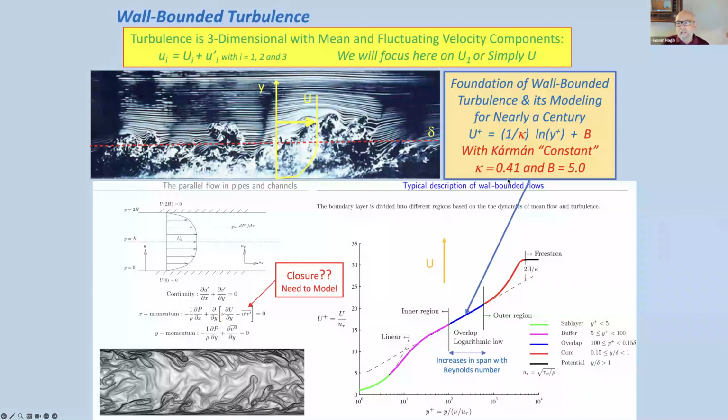Most models, most codes, still use that value. And the intercept for that log law is about 5. There are other values used in various codes. And that has been the picture for many, many years.